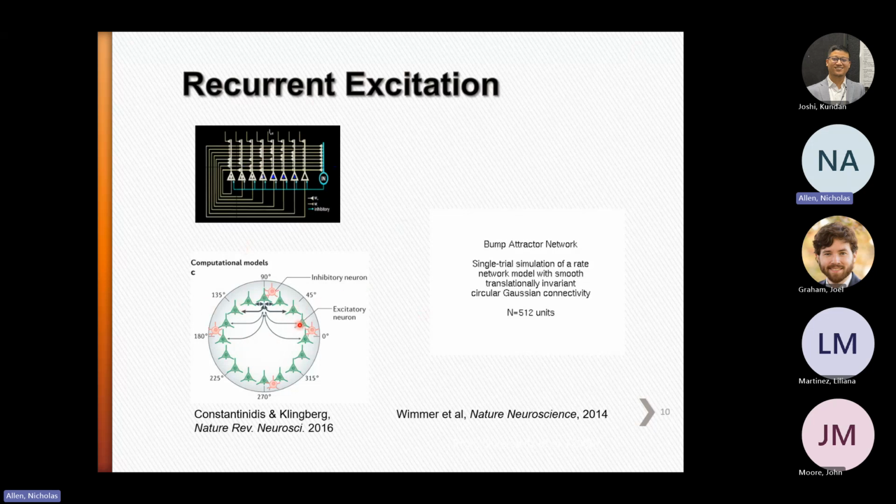There is nothing else necessary. We create a network that maintains activity just by virtue of this.